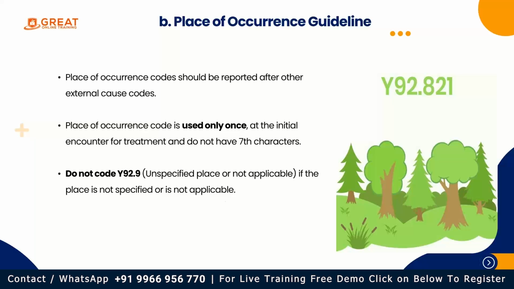As I just told you, if the place of occurrence documentation is not there in your patient's report, if the physician has not documented the place of occurrence, in that case you no need to code it. You should not use this unspecified code. If place of occurrence is there, you can code it. Otherwise, leave it. Clear? And you have to use the place of occurrence code only once at the initial encounter. These are two important guidelines here.